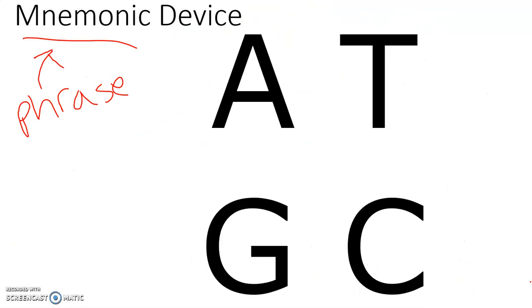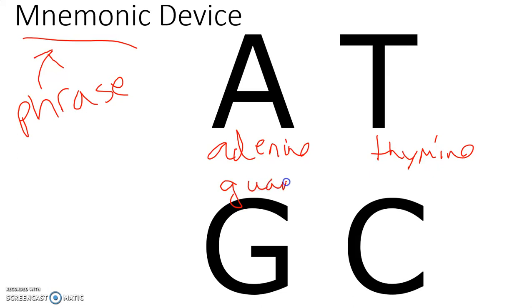So A, T, G, C. And therefore the chemical bases called adenine, thymine, guanine, and cytosine. Okay, adenine, thymine, guanine, and cytosine.